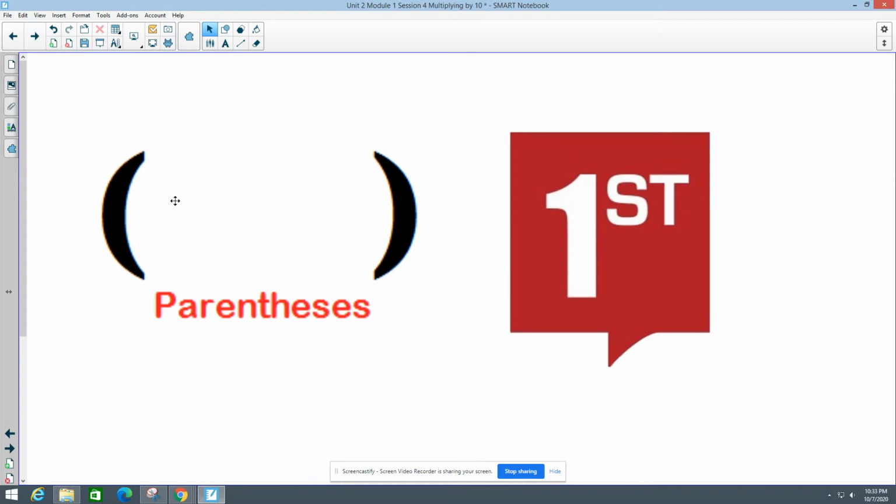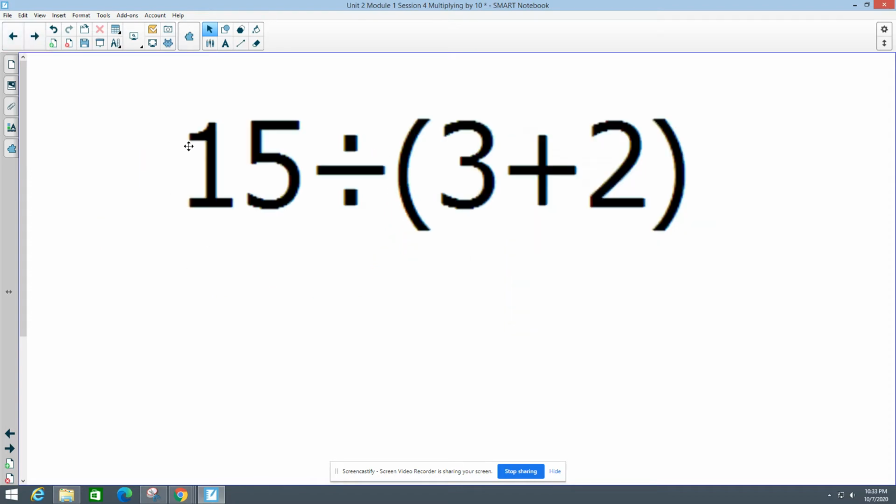All right. Remember in the rules of math, do your parentheses first. So on this one here, you've got 15. A lot of people say 15 divided by 3 gives 5, and then you add 2. That doesn't work. You've got to do your parentheses first. This comes first. And each time you want to rewrite it so it goes down.